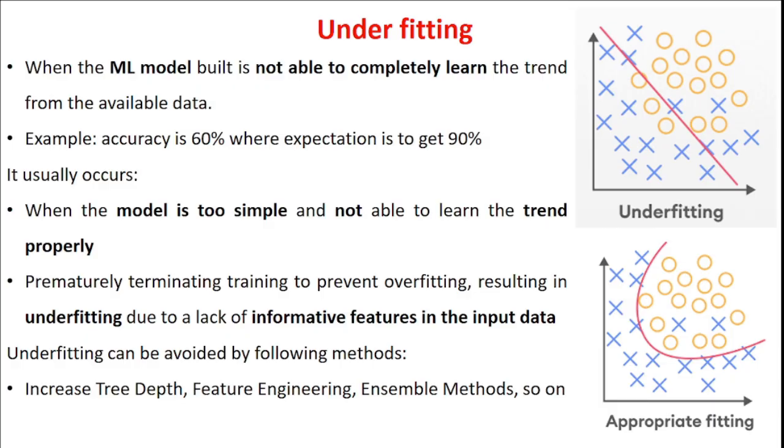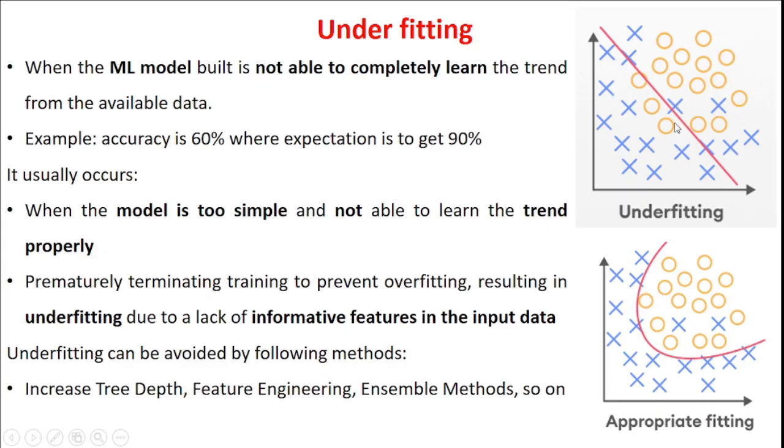Now what is underfitting? In underfitting, our expected accuracy may be 90 percentage, but your model will give only 50 or 60 percentage. For example, in the right hand side image, you can see two classes of data points.